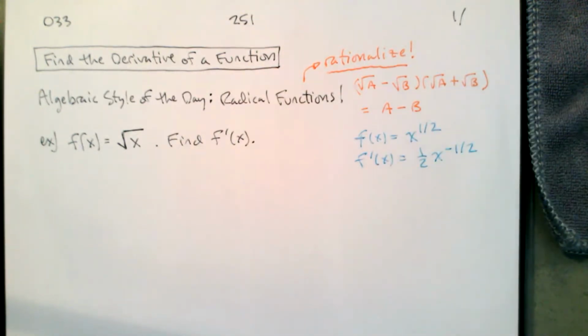Some of you said, to find f prime of x when we have the square root of x, I'll just put square root of x into Wolfram Alpha, and one of the things it will tell me is the derivative of the function I put in. If you haven't heard of Wolfram Alpha, you need to have heard of Wolfram Alpha.